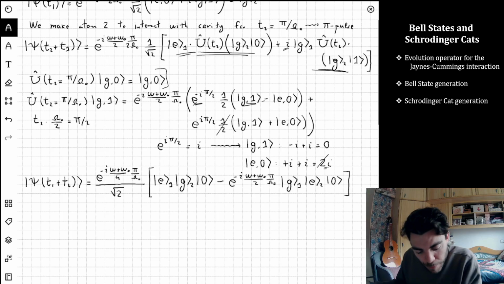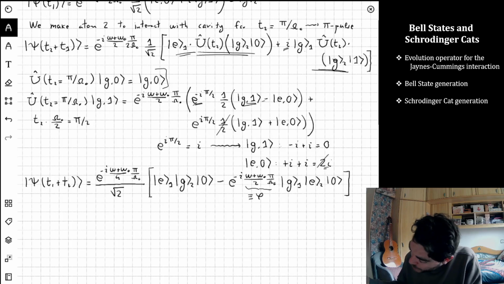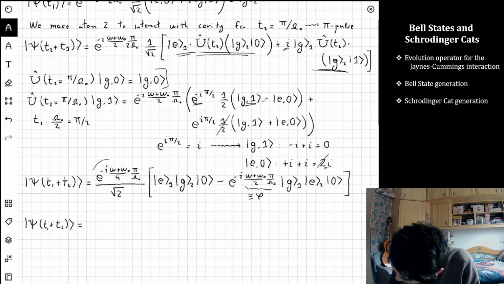And now it doesn't seem like it, but we are basically done, because we can define all of these. Let's define this as a certain phase phi. So we have the state after the interaction. Let's note, first of all, this is a global phase factor, right?